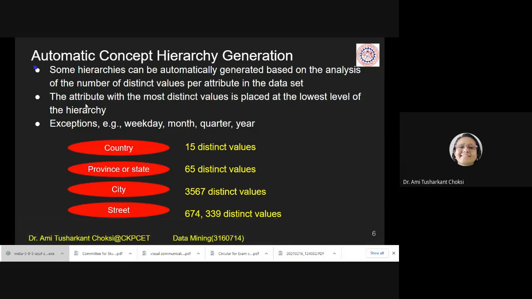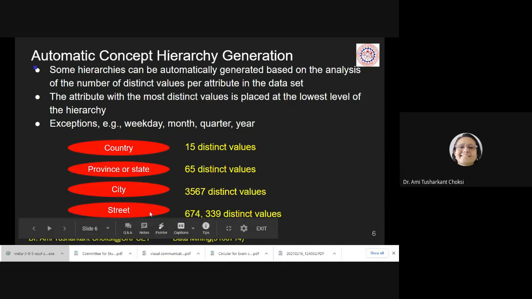That the attribute with the most distinct values is placed at the lowest level of the hierarchy. Let us consider these values. Which one has the most distinct values? That is 674,339, the biggest number. So we'll put it at the lowest level.